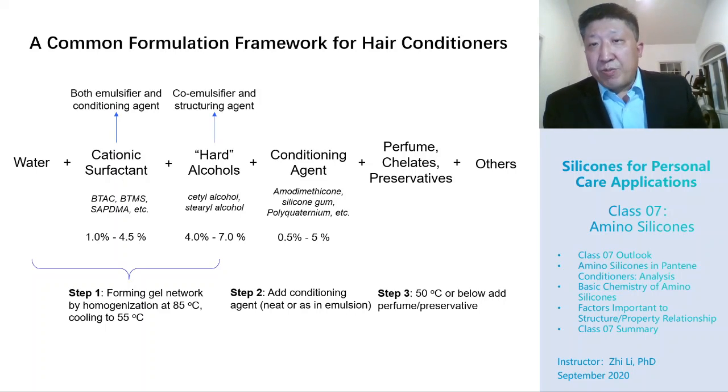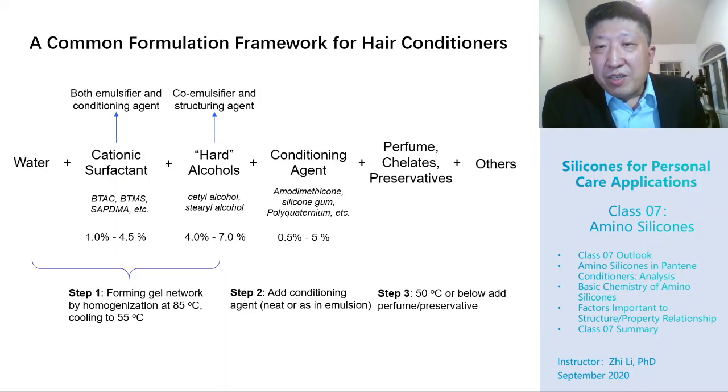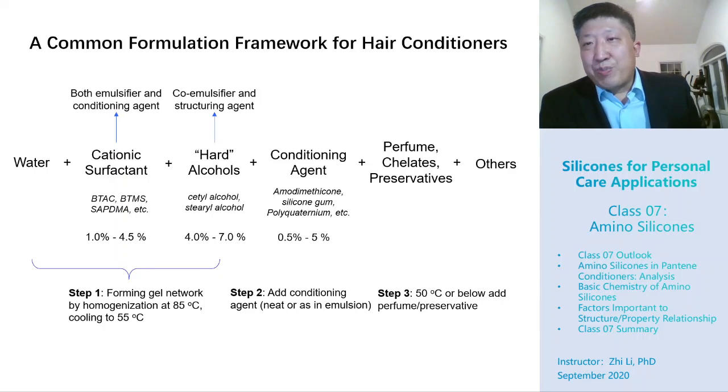For example, amodimethicone and amino silicone, which we're going to talk about later, or silicone gum, or any polyquaternium salts, etc. Those are regarded as special magic ingredients for all the claims.